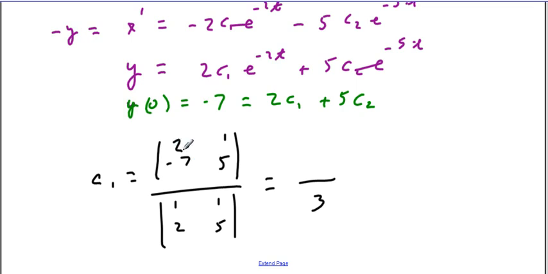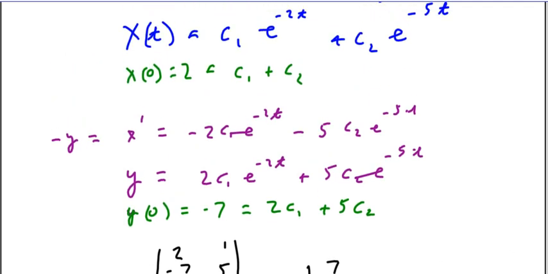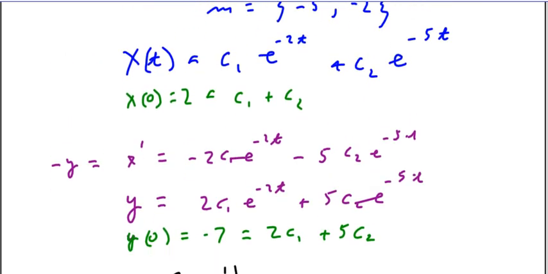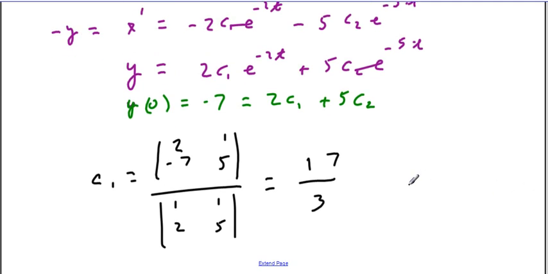On the top, I have 10 plus 7 is 17. So I have 17 over 3. And if c1 is 17 over 3, and c1 plus c2 has to be 2, then c2 had best be minus 11 over 3.